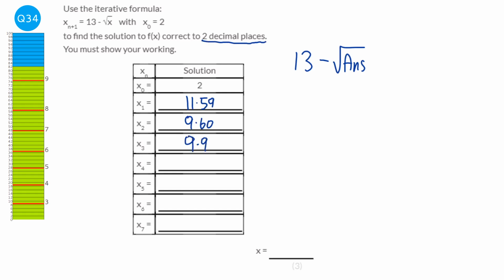Again, 9.90, 9.85. So it's getting closer to something now. 9.86 and then 9.86. So our answer is going to be 9.86, because as soon as the number repeats, you stop and write down that answer.